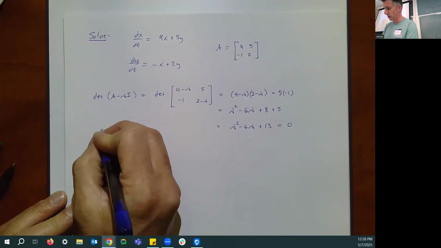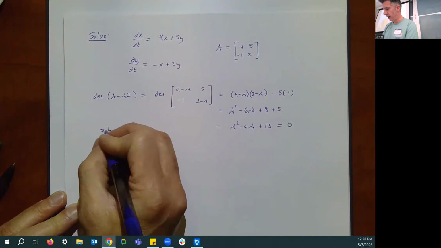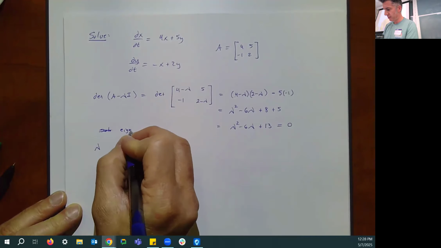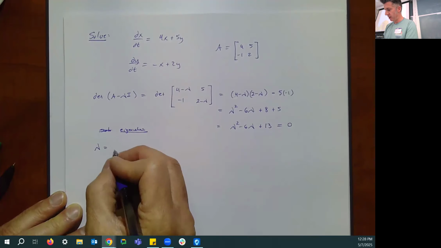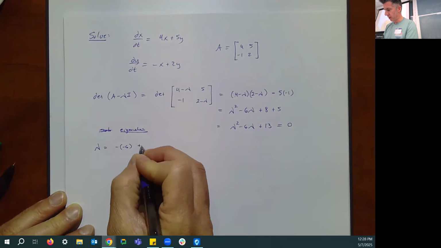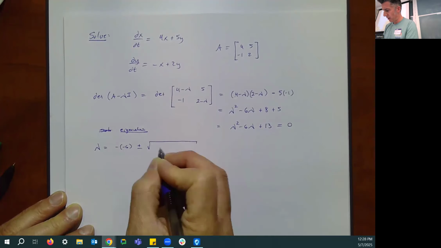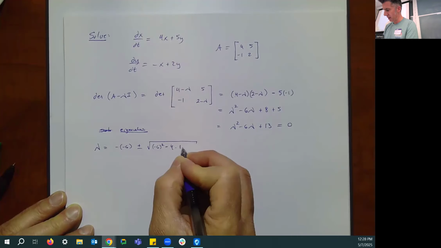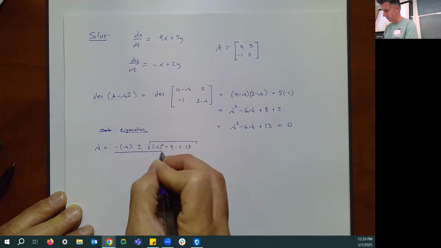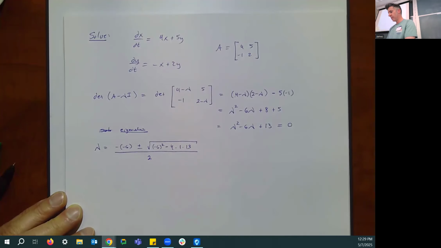So my eigenvalues are going to be lambda equal to -b plus or minus the square root of b squared minus 4ac, all divided by 2a.